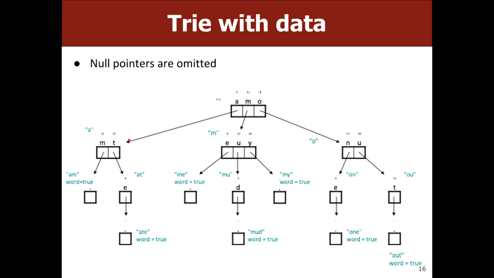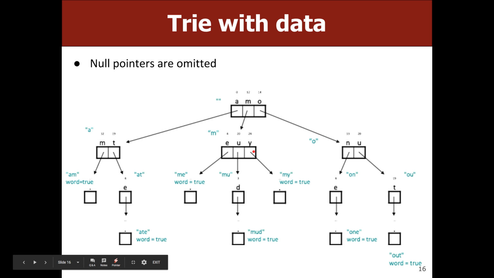If we were trying to see whether the word ATE is in our trie, we would start off here. The first letter is A, so I'm going to go down the A pointer. The next letter is T, so I go down the T pointer. The next letter is E, so I go down the E pointer. And look, it says isWord is true, so therefore we are at a word in our trie.